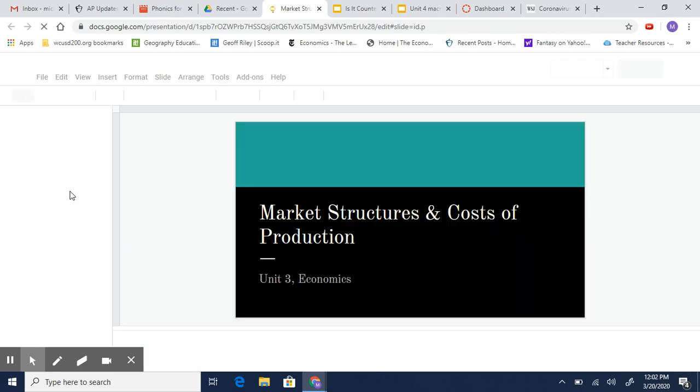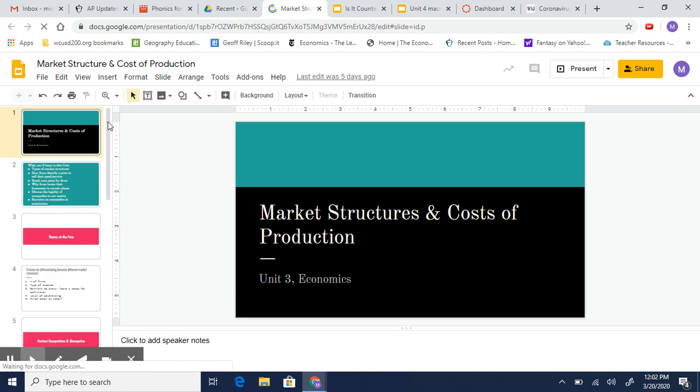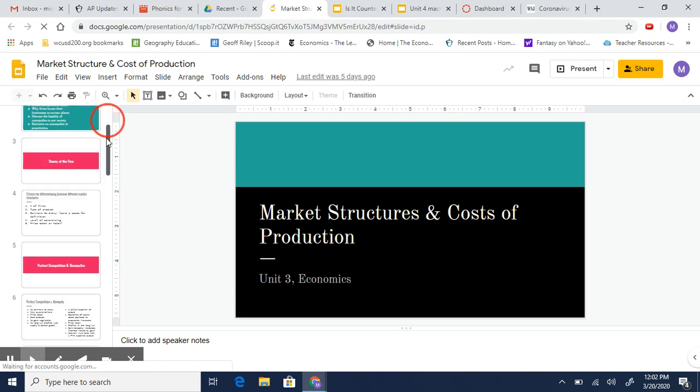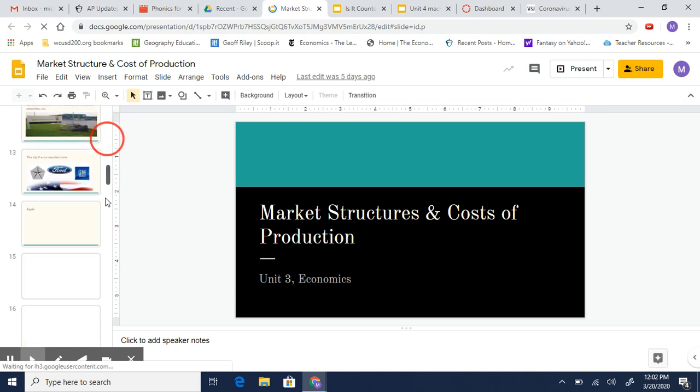If you want to go back and review market structures, in this set of slides that's titled Market Structures and Cost of Production, give it a minute to load.